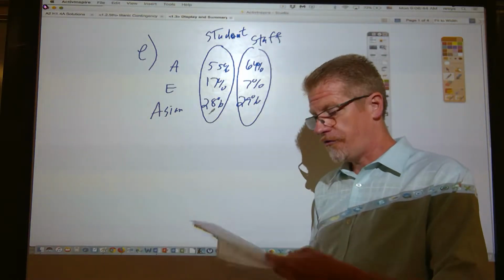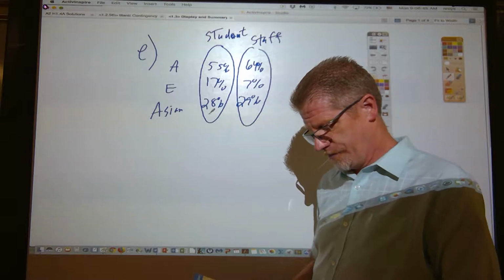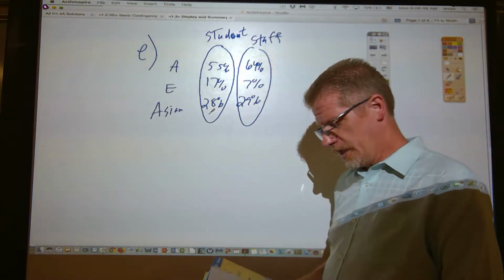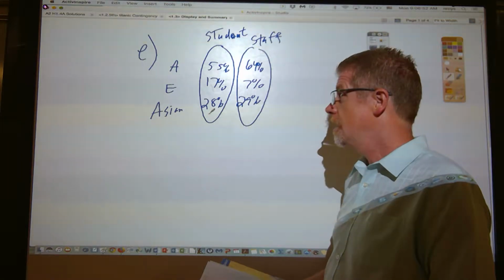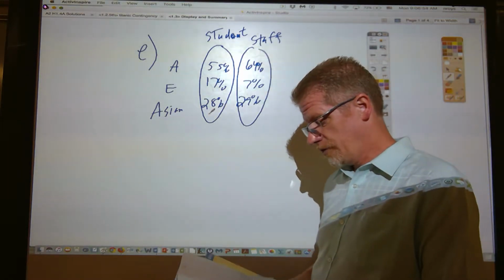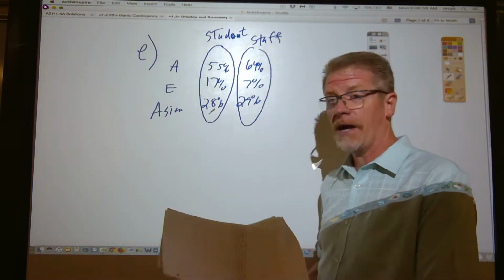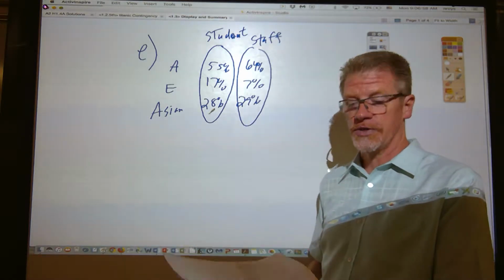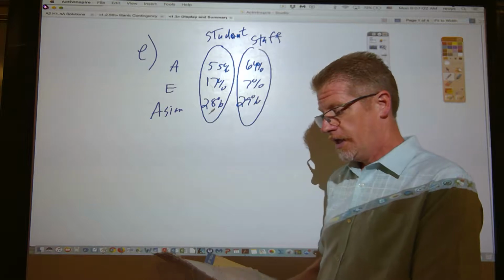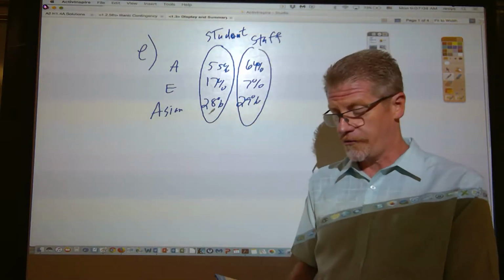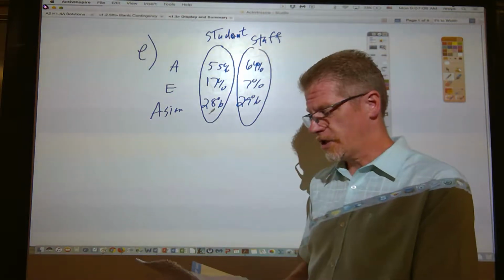In part F on the homework, because they asked you to explain why, you would say origin is not independent of driver because the distribution of conditional relative frequencies of origin is not the same for all categories of driver. By the way, that was exactly the wording for this student whose paper happened to be right on the top. Now I'm going to continue reading this example from student homework that was turned in minutes ago.